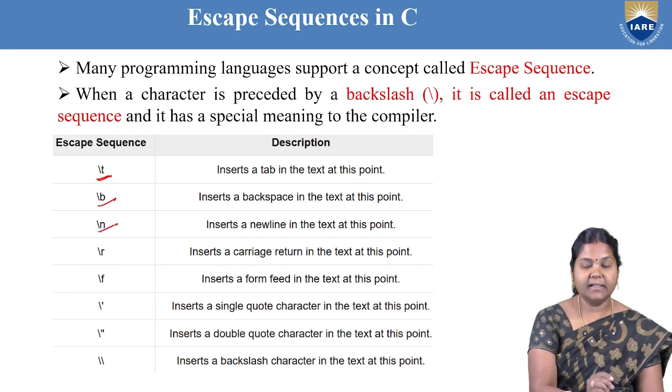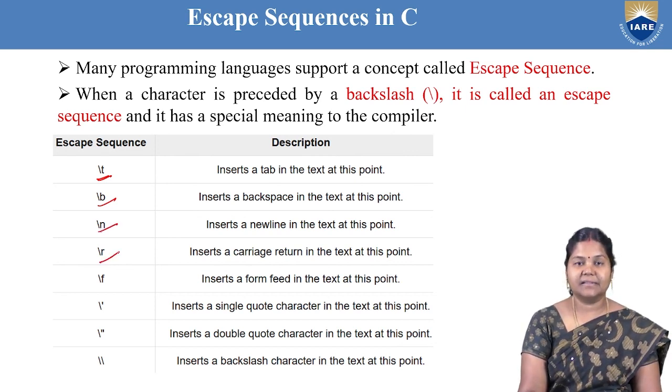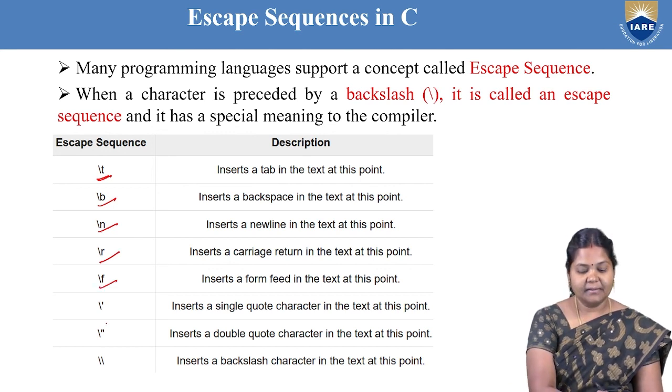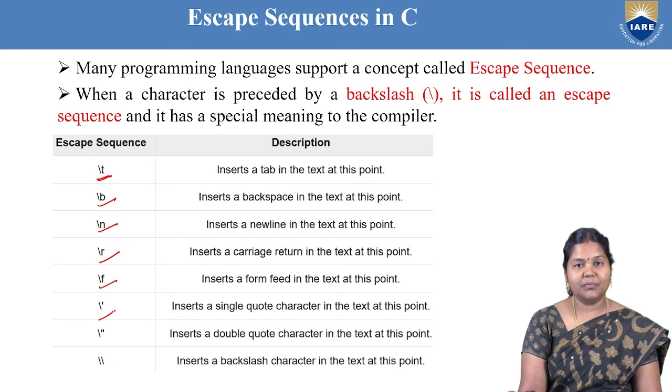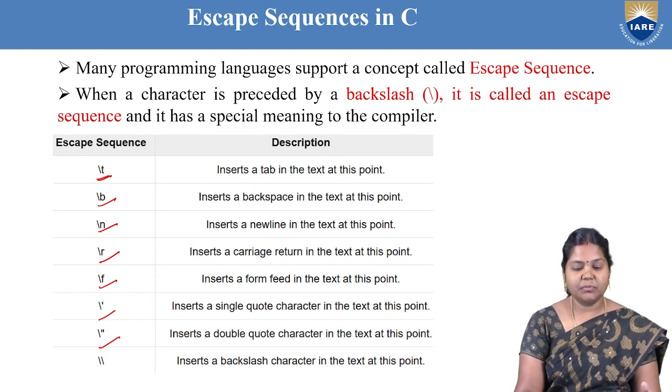Backslash n inserts a new line. Backslash r inserts a carriage return. Backslash f inserts a form feed. If you want to insert a double quote character, then backslash double quote. Then double backslash inserts a backslash character in the text at that point. So these are some of the escape sequences popularly used in C language.